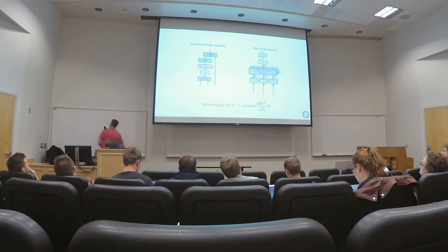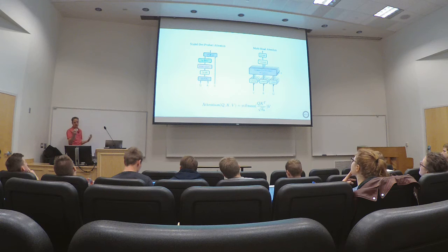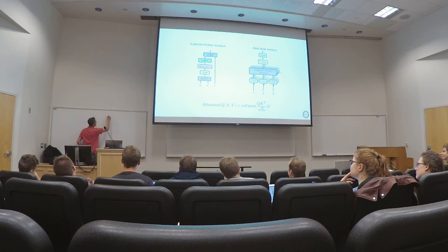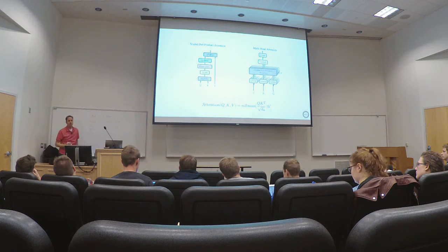The way I imagine this, I'll just draw a little figure here, is: think of a dictionary. We have keys and values, and they can be different types of objects. Keys, for our purpose, are just vectors. So you might have a set of k-dimensional vectors as keys. And then you have values, which are some other size thing, maybe v-dimensional vectors.